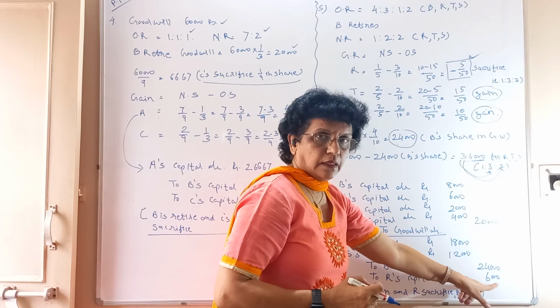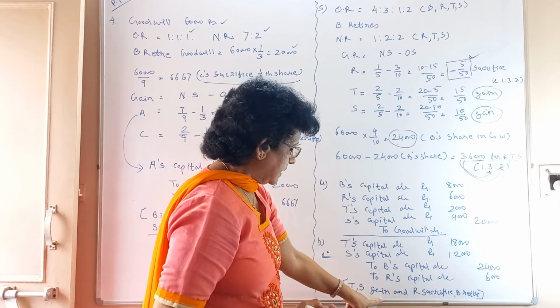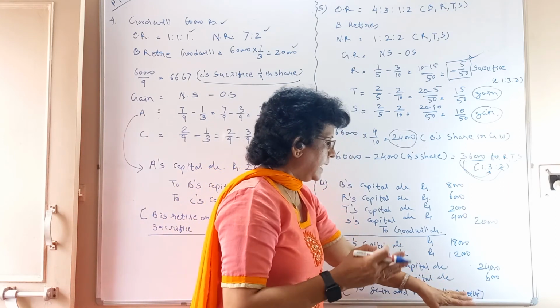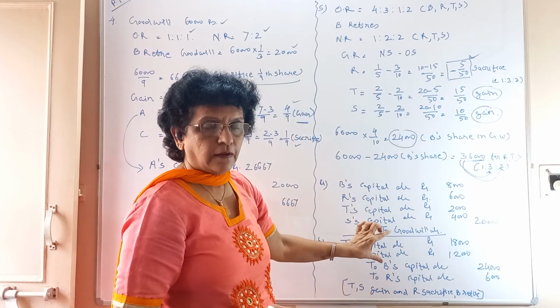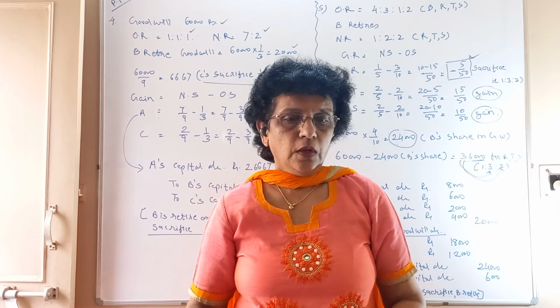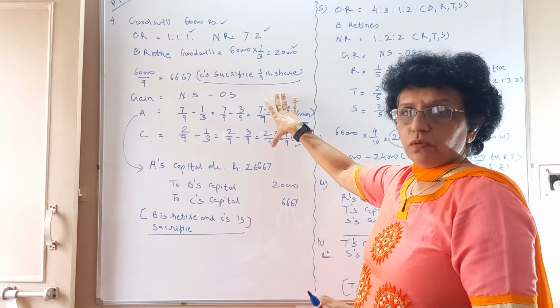So in this manner, in the second journal entry, T and S are gaining, and R sacrifices as well as B retires. So 2 accounts are credited, 2 accounts are debited. In this manner you are supposed to do the goodwill journal. And the answer depends very much on what calculation you do.